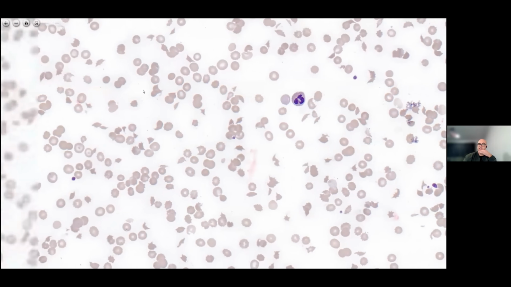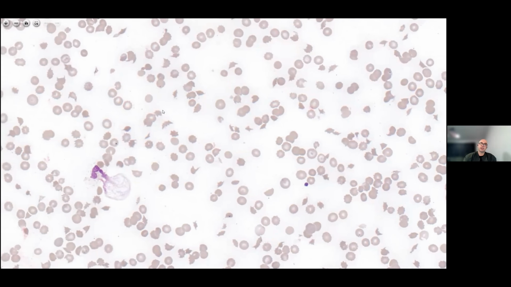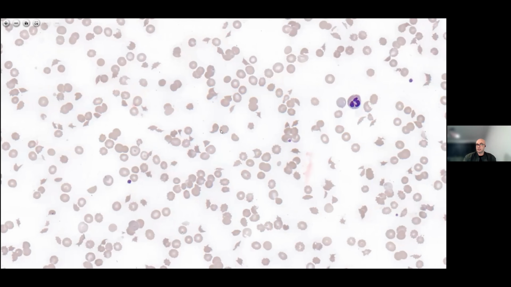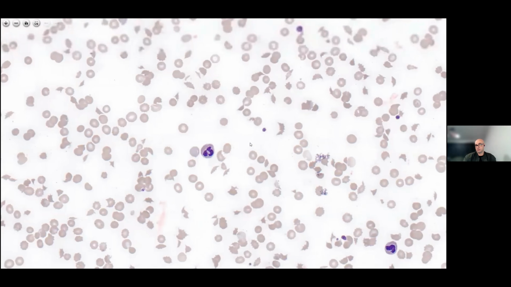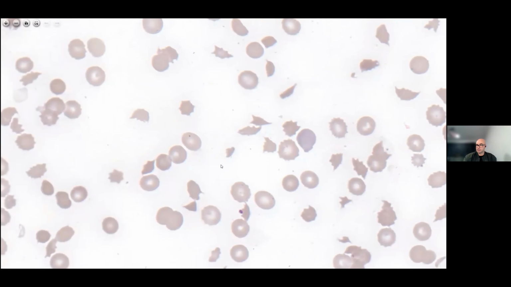If the method used to determine the platelet count is an impedance method on an analyzer, large and giant platelets might be inaccurately counted as red cells, or even very small red cells, fragments or microspherocytes may be counted as platelets. And in a case like this, where we've determined, yes, there's no platelet clumping, so we want to trust the analyzer's result, is there enough very small fragmented red cells like this?